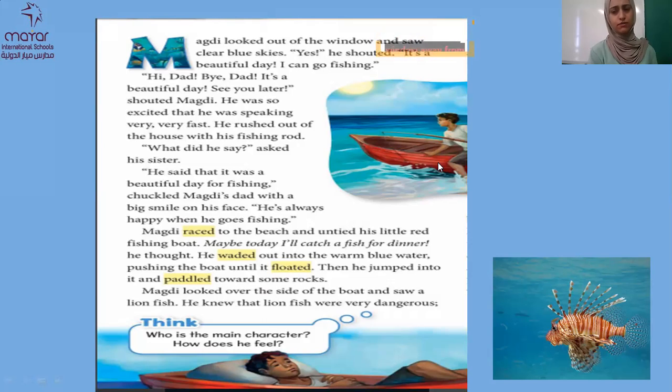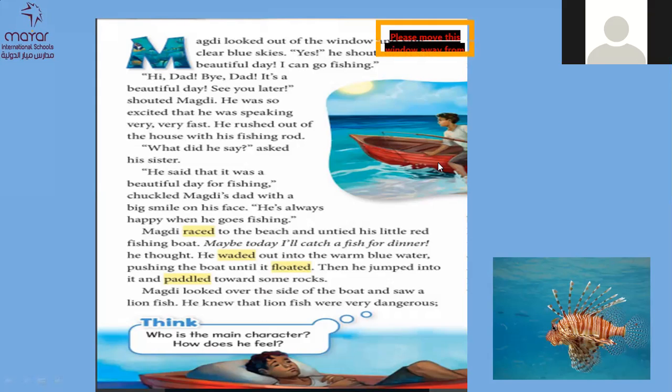Majdi looked out of the window and saw clear blue skies. Yes, he shouted. It's a beautiful day. I can go fishing. Hi, Dad. Bye, Dad. It's a beautiful day. See you later, shouted Majdi. He was so excited that he was speaking very, very fast. He rushed out of the house with his fishing rod. What did he say? asked his sister. He said that it was a beautiful day for fishing, chuckled Majdi's dad with a big smile on his face. He's always happy when he goes fishing.